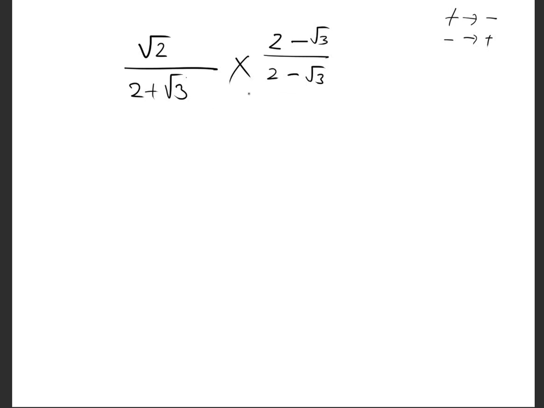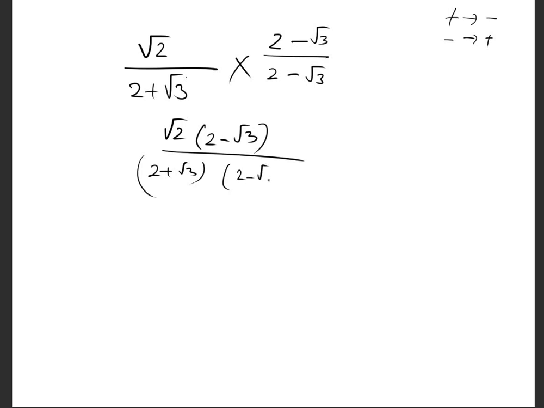Now why on earth are we doing it is an important question. The reason is, let's combine the numerators and the denominators and see how we go. This is how the fraction, the surd, will become.